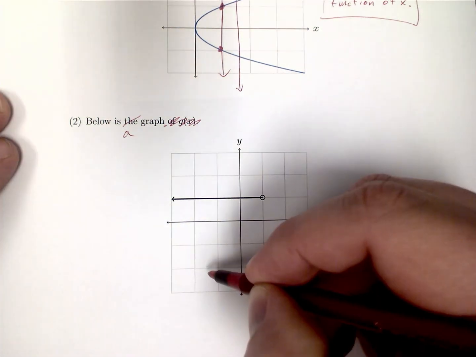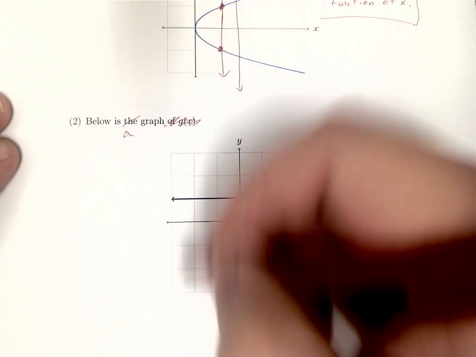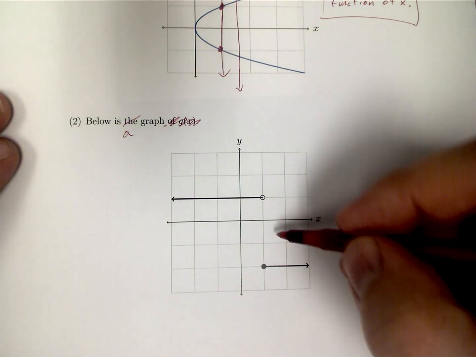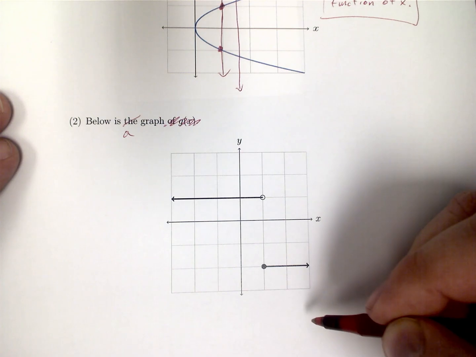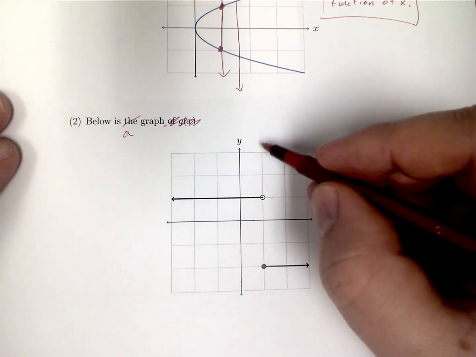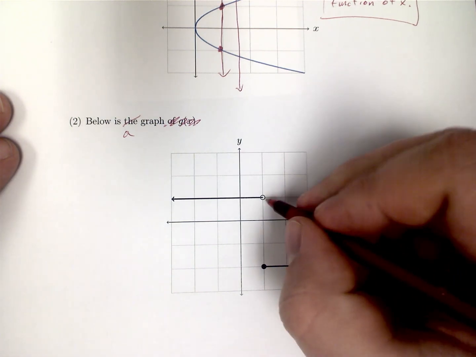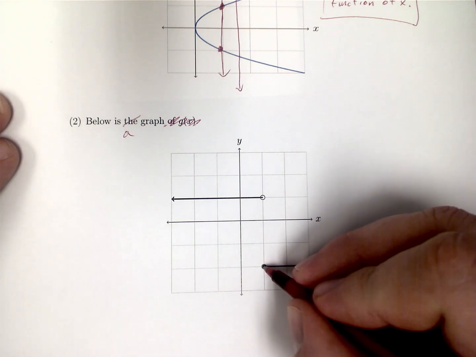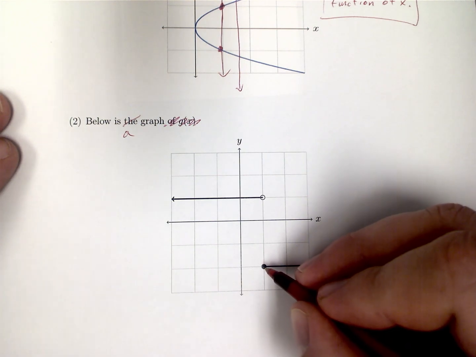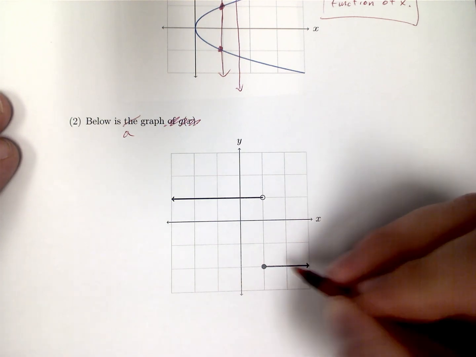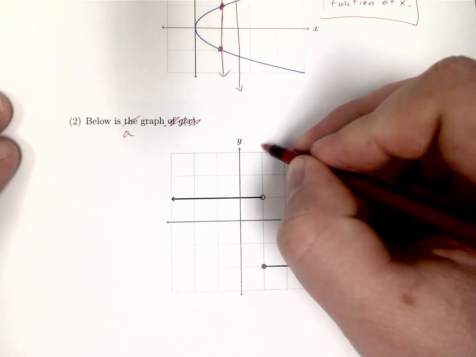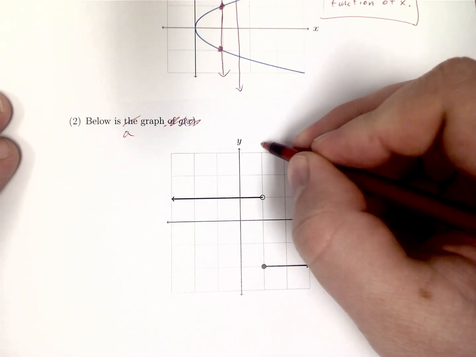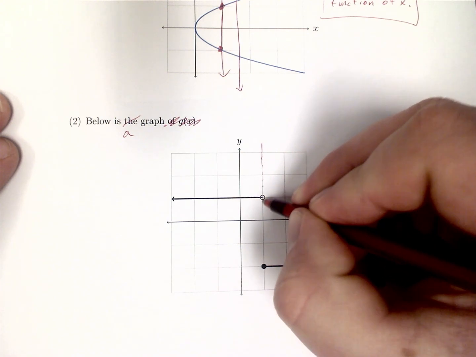So if we draw a vertical line here, here, here, and as we went over that way it wouldn't. We're over here, we're fine. The only weird spot is here. So this hole means it gets really, really close to this point, but it doesn't actually reach it. This filled in dot means that we do actually get to this point on the graph. So the only weird place where it looks like we might have some overlap is possibly here.